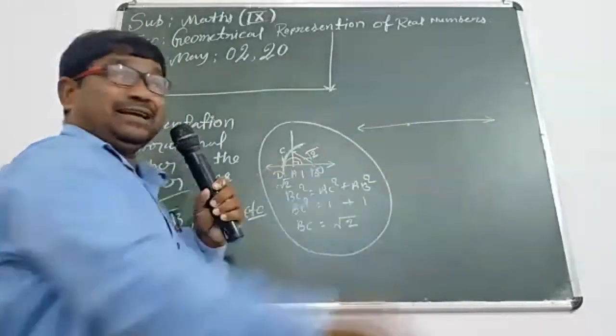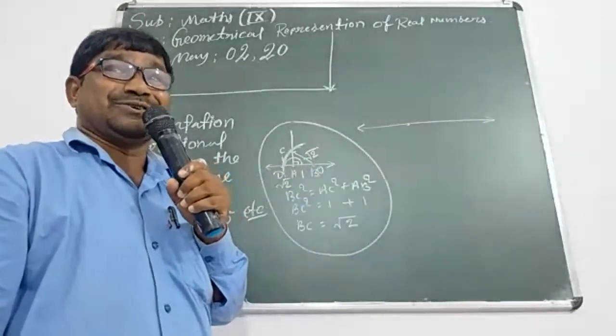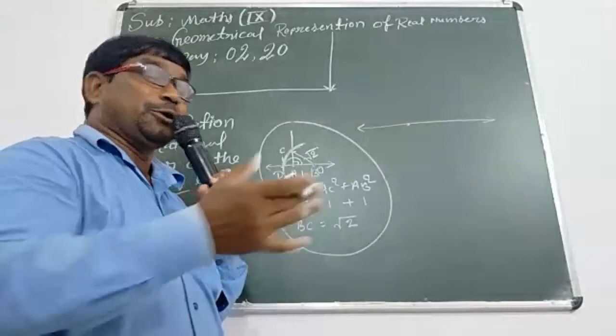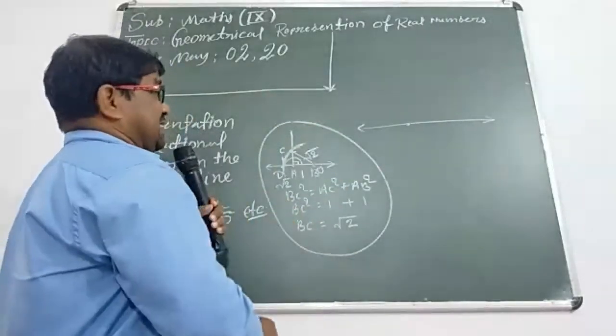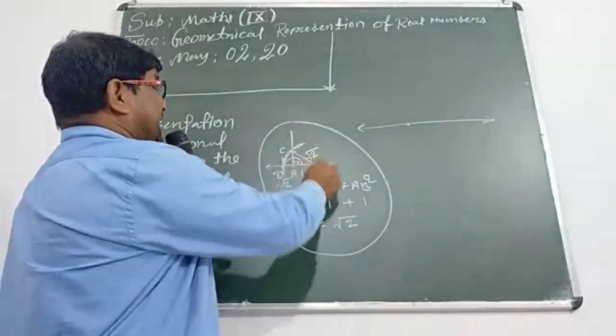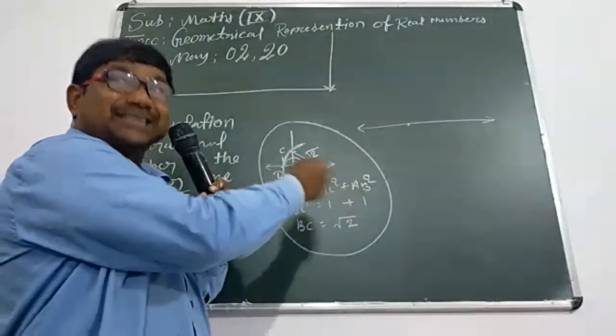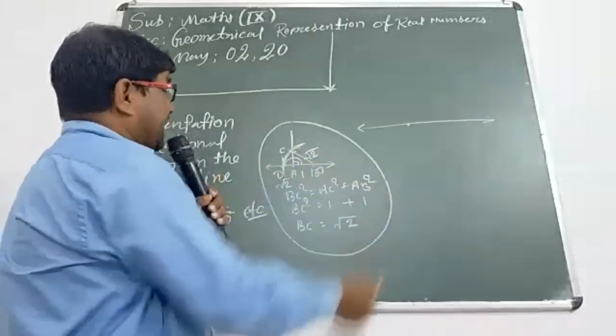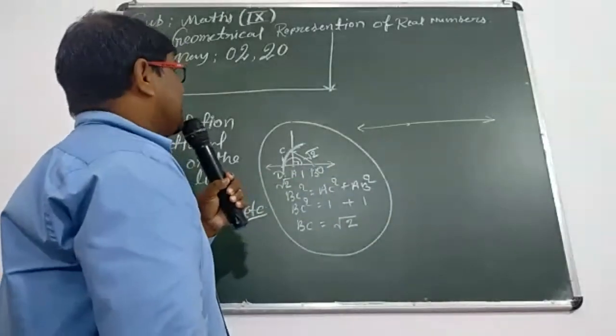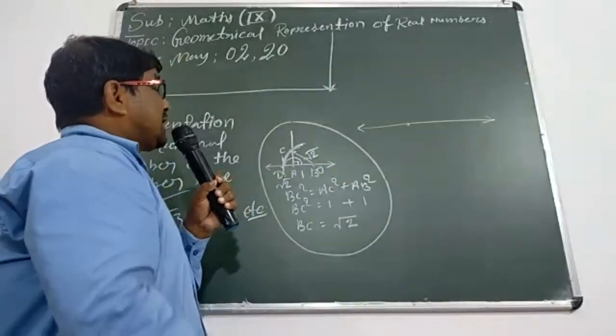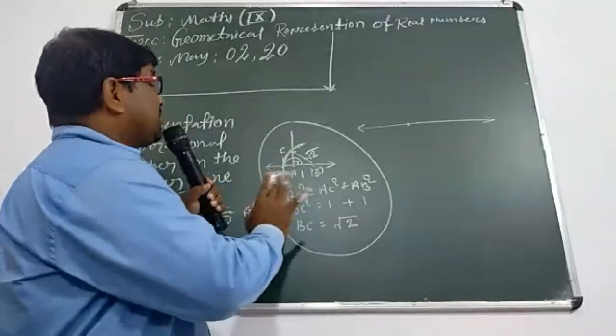We should go in right side. So we will think about this. We will draw right angle here. Take 0 this side. Then we can represent this type of number. No problem at all.